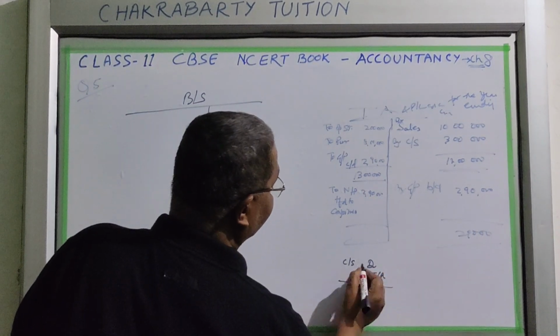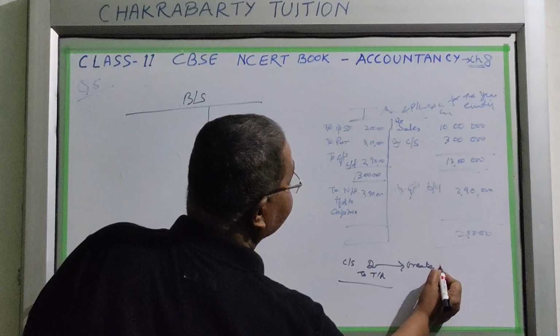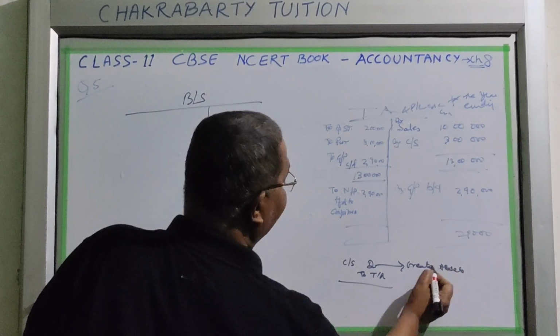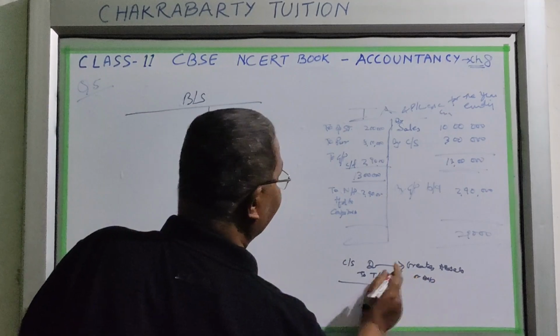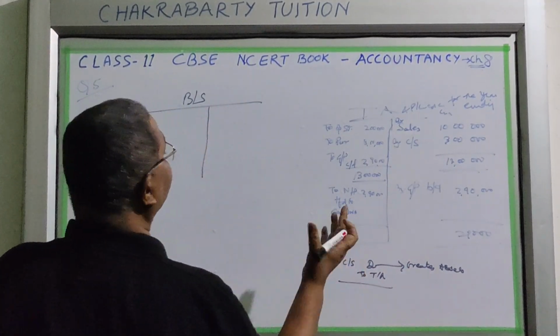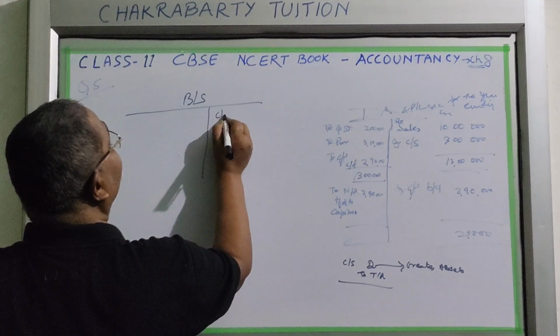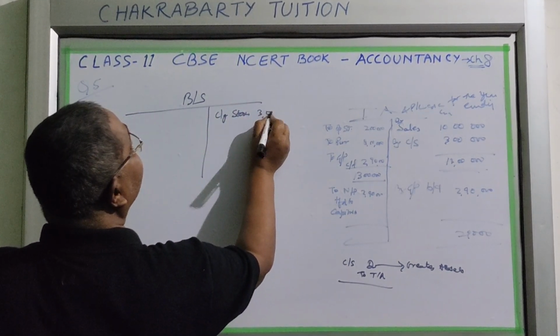When you write anything as a debit, it creates assets or expenses. But here closing stock is an asset. So it comes here, closing stock 3 lakhs.